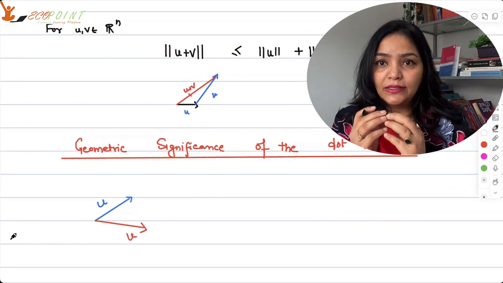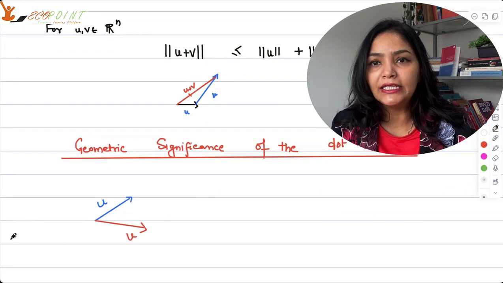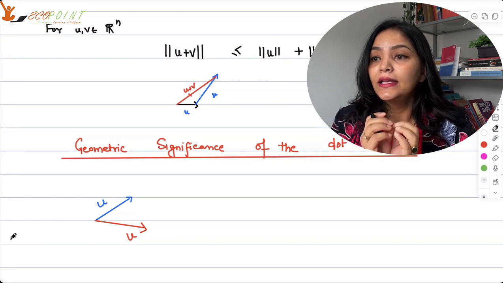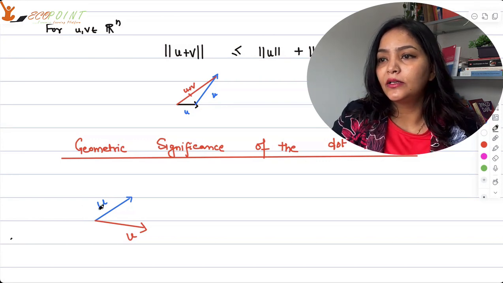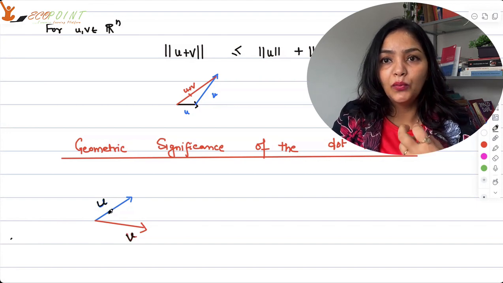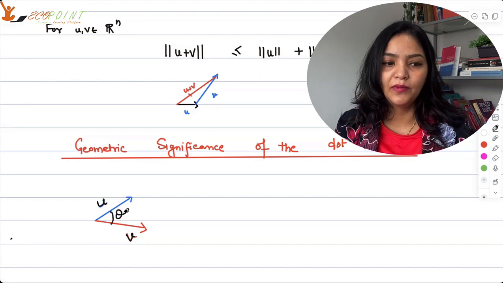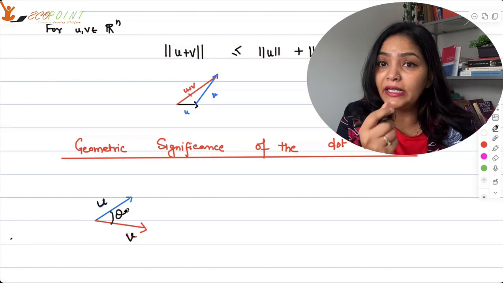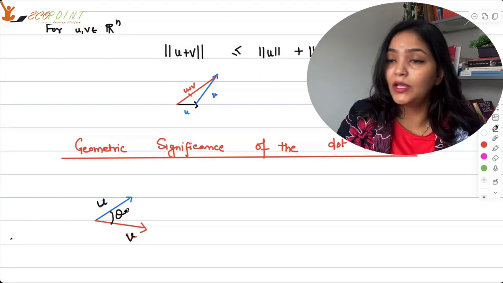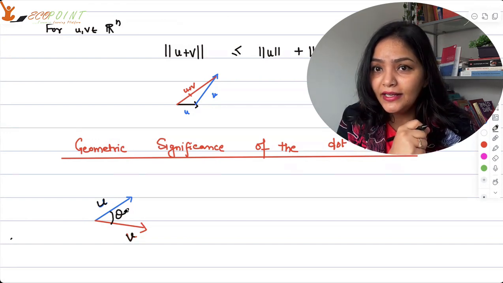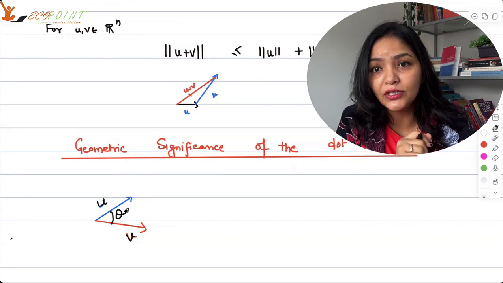So what does the dot product geometrically give you? If you have two vectors, say U and V, the dot product will let you define the angle between U and V. There will definitely be an included angle, right? Because they have magnitude and direction.